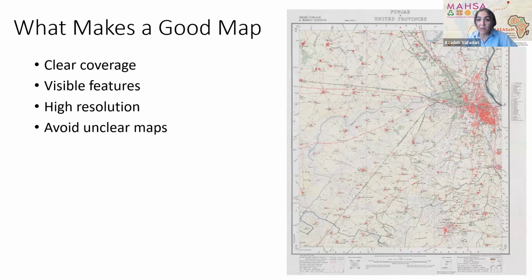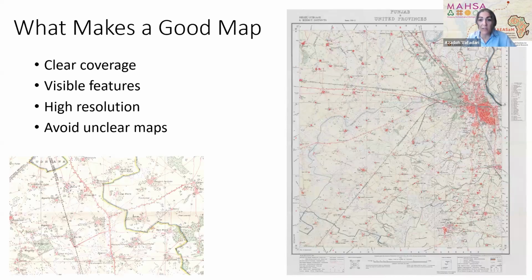Just before starting, when we talk about maps, there are a few things to bear in mind: not all maps are useful. They could be good for some researchers and some work and not for all. So you need to think about the coverage, the area that you're working on, and whether features on the maps are visible when you're using them.